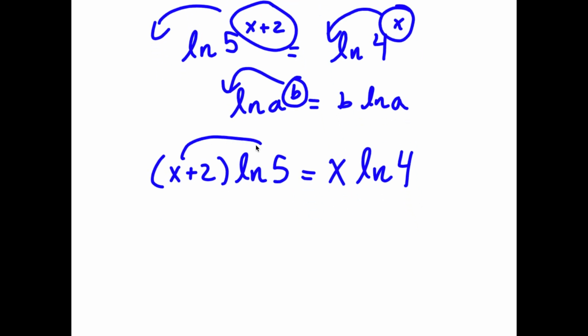Now, if I go ahead and distribute the ln 5, I get ln 5 times x, which is x times ln 5, plus 2 times ln 5, which is 2 ln 5, is equal to x times ln 4.